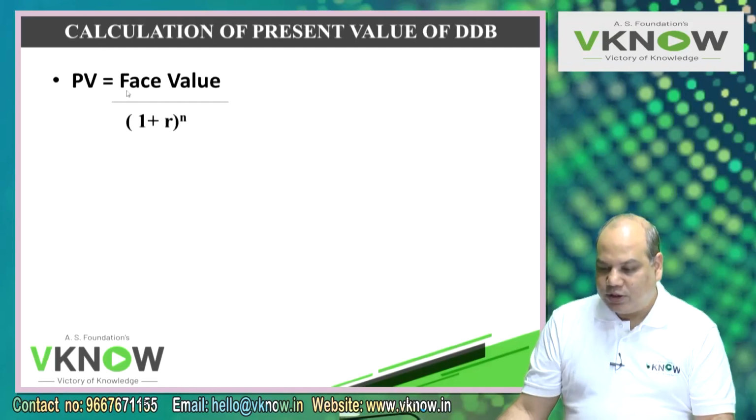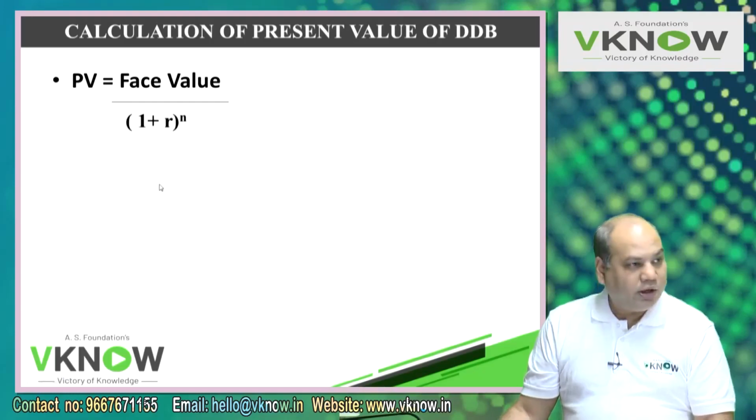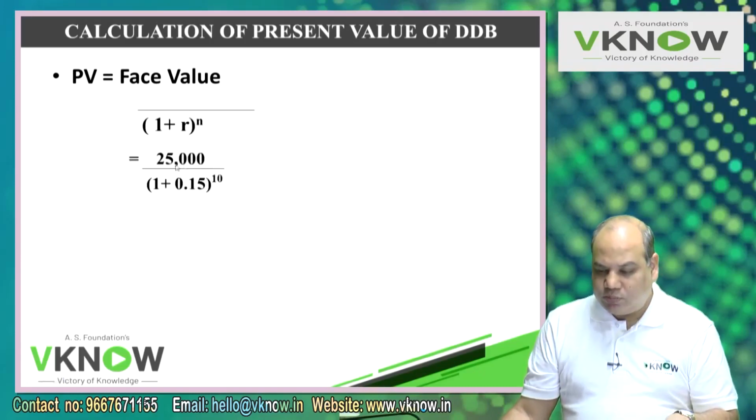So first write down the heading in your book or in your notebook: calculation of present value of DDB. Present value is equal to face value upon 1 plus r to the power n. You can either write face value or redemption value. In this problem, both are equal. Then you write down the calculation below: 25,000 upon 1.15 to the power 10.